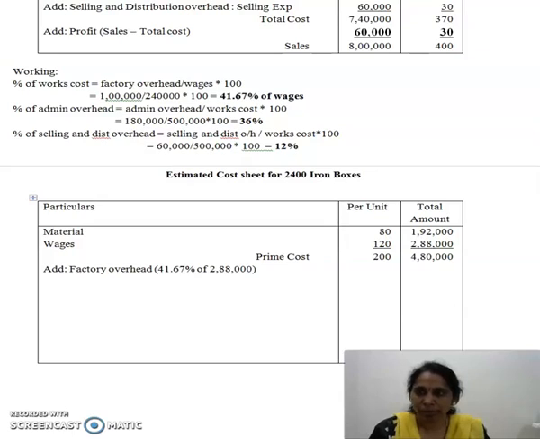So I am trying to calculate 2,88,000 into 41.67%. It's coming 1,20,009 rupees. Because of the percentage, it is coming as an unequal number, not an exact number. So I'm going to round it off. The amount I am going to take is 1,20,000.